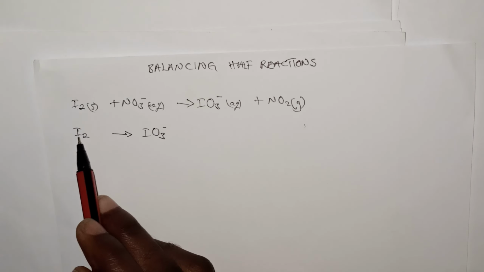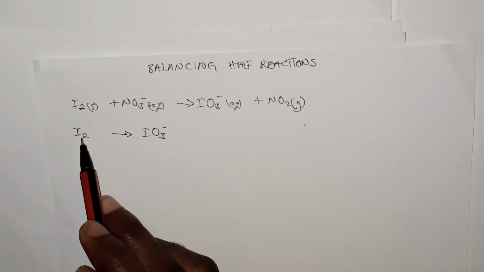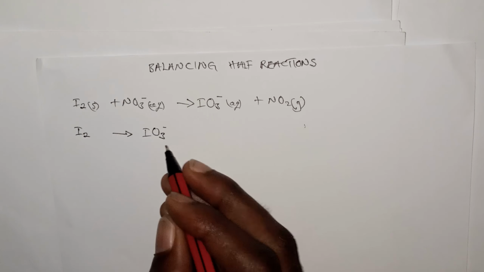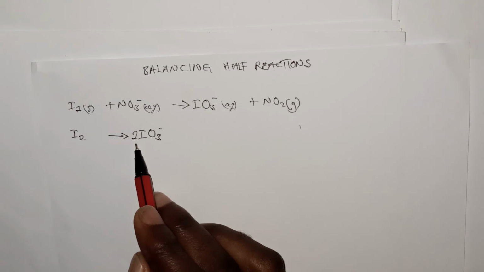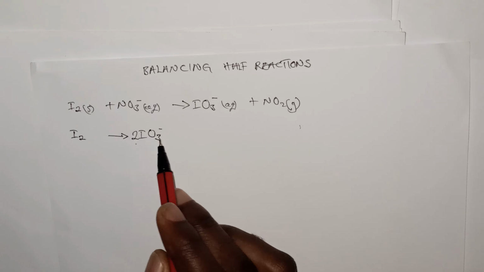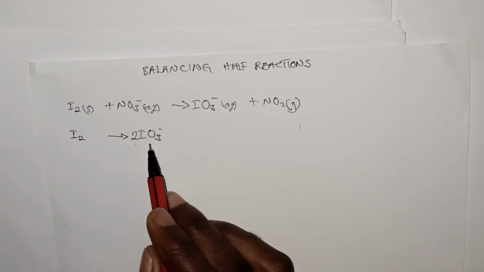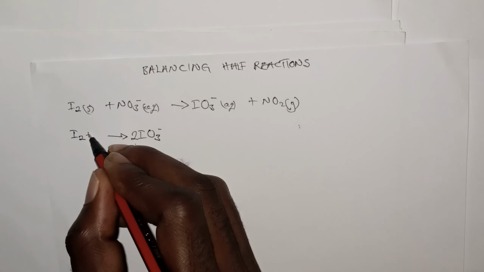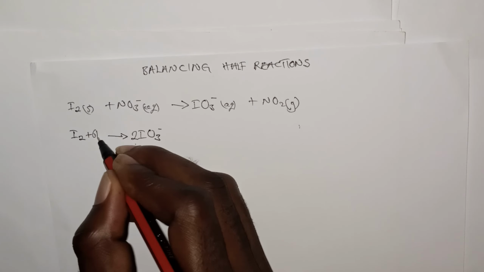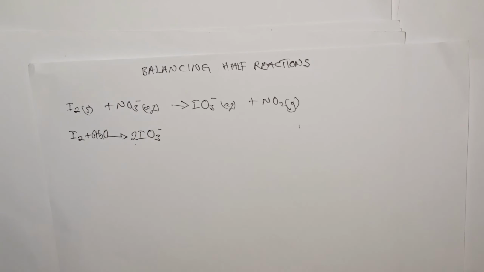So here we have two iodine atoms, but here we have one, so we put a 2 here, right? Once we put a 2 here, we will discover we have 6 oxygen atoms. So to balance the number of oxygen atoms, we have to add water molecules.